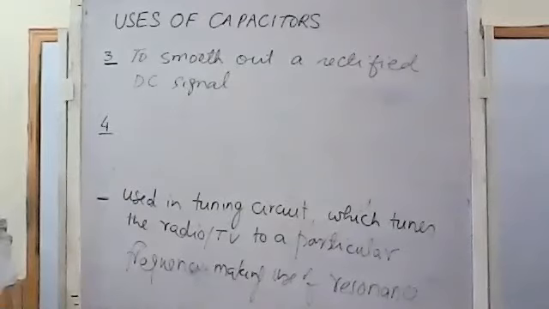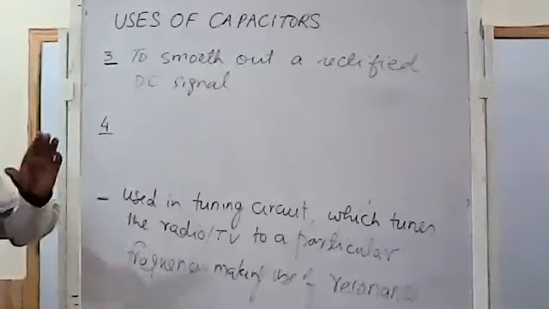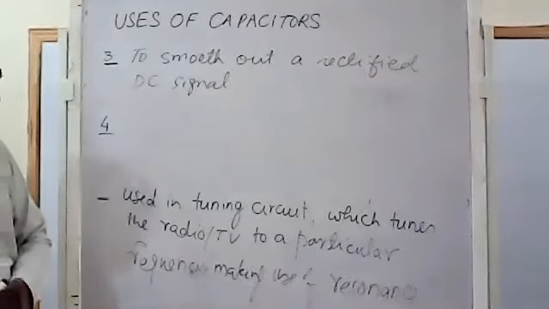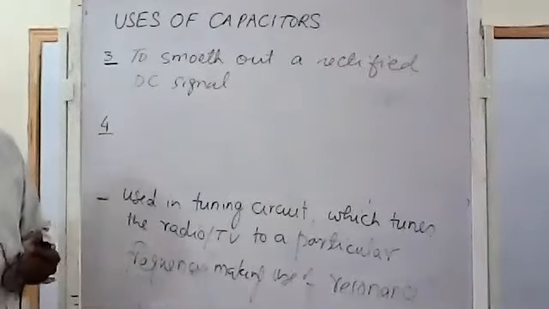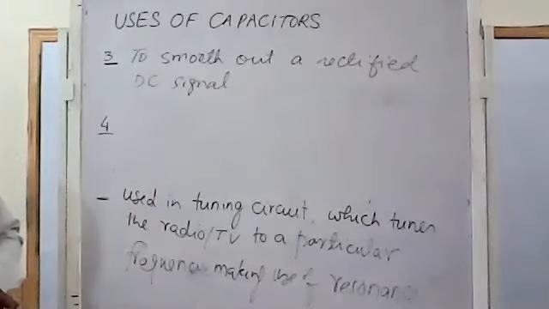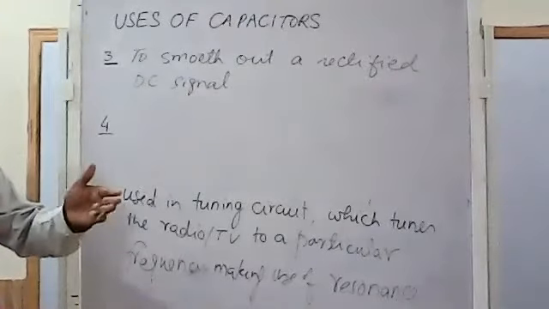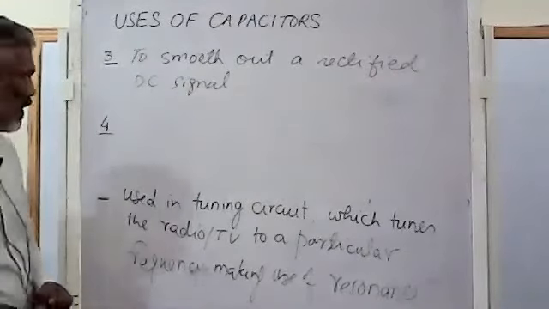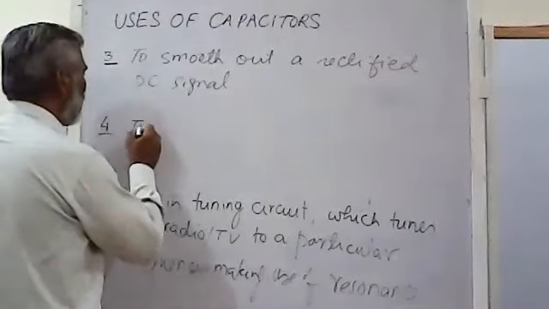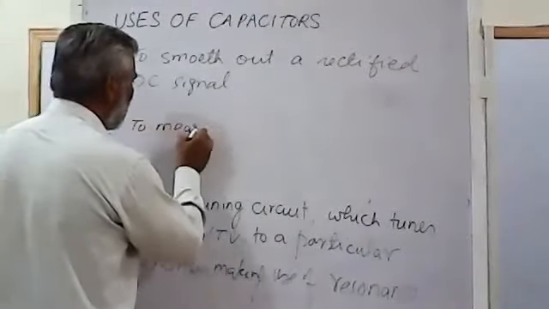That means if we know the value of the capacitance and the values of other components used in the circuit, we can very accurately measure the time in which the capacitor has charged, and it takes the same time to discharge. So capacitors are very reliable devices to measure time intervals.